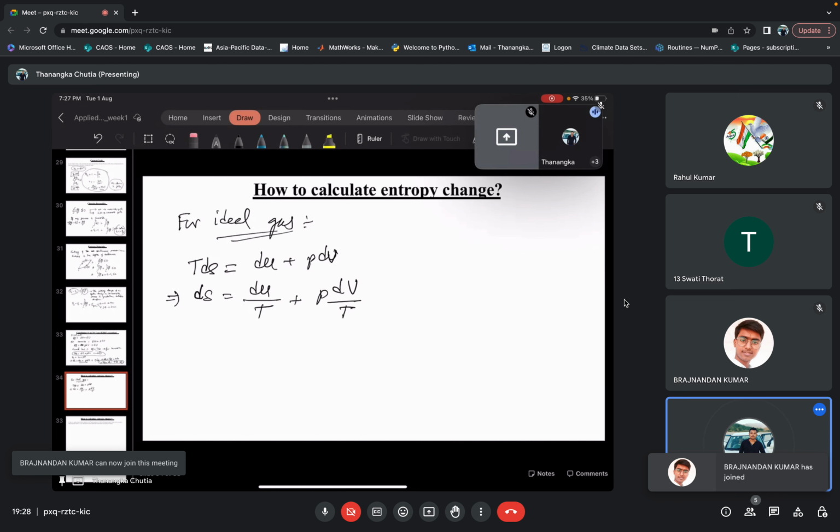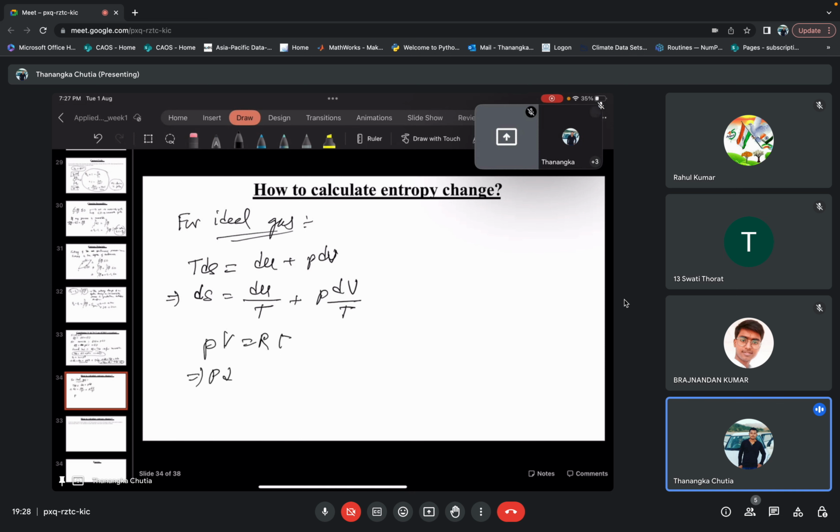Again we know that PV = RT, so P dV + V dP = R dT. For a constant pressure process this will be equal to 0, so then we can write this as dS = dU/T + R dT/T.